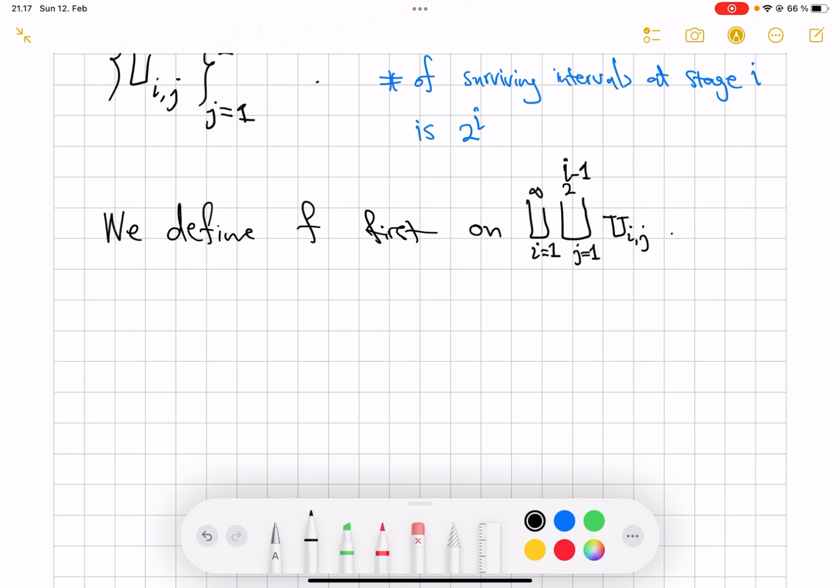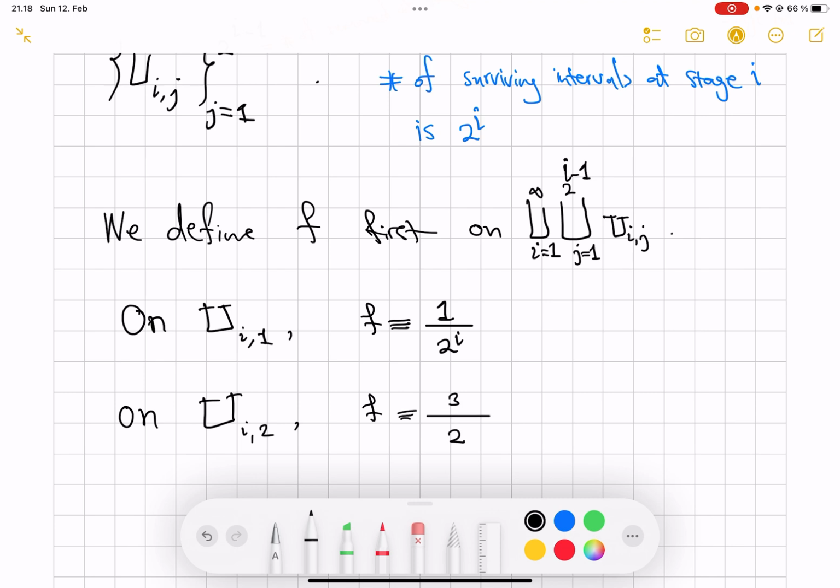How is it done? On U_{i,1}, f is the constant 1 over 2^i. And then we keep adding 2 to the numerators. So on U_{i,2}, f is the constant 3 over 2^i.